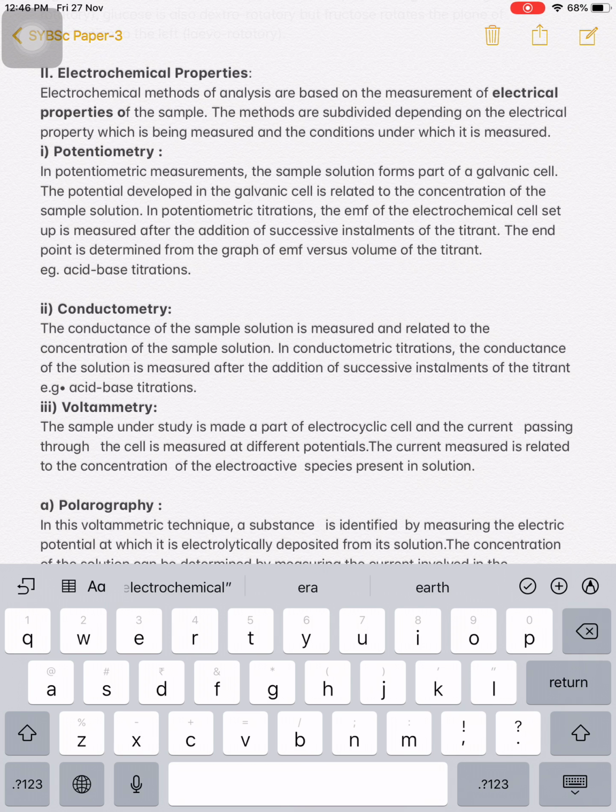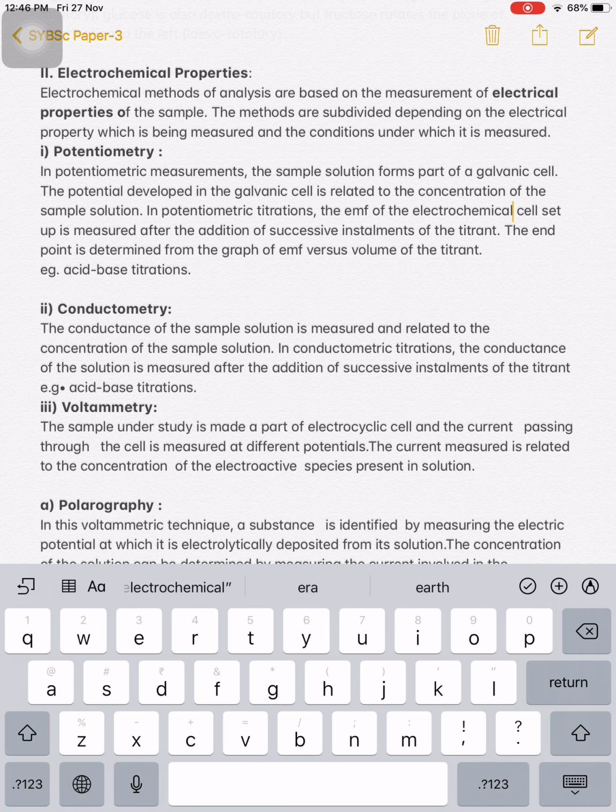What we do in potentiometry is set up the potentiometer, fill the titrant in the burette, and take the component to be measured in a beaker, and a potentiometer cell is dipped in that beaker.